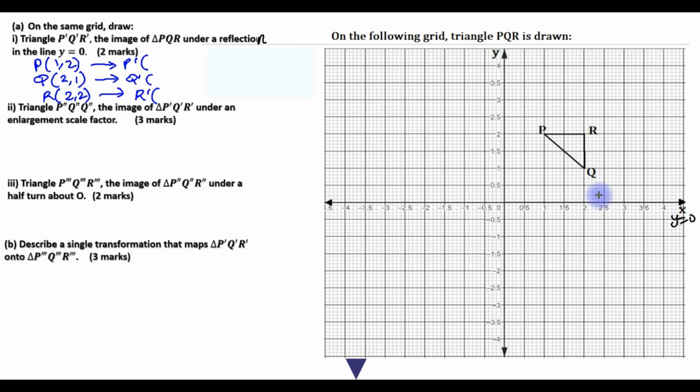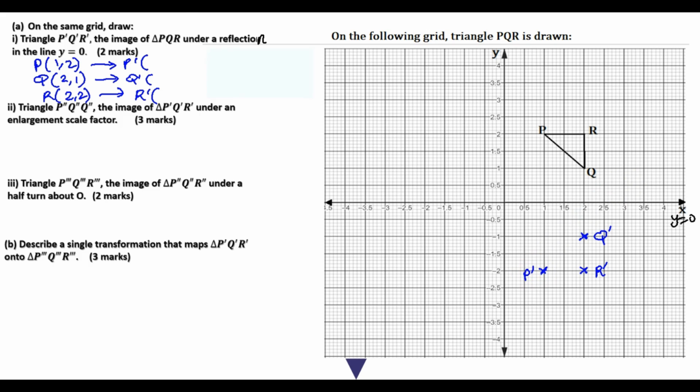So from here, Q prime will be at this particular point, then R prime, and then P prime will be at this point.